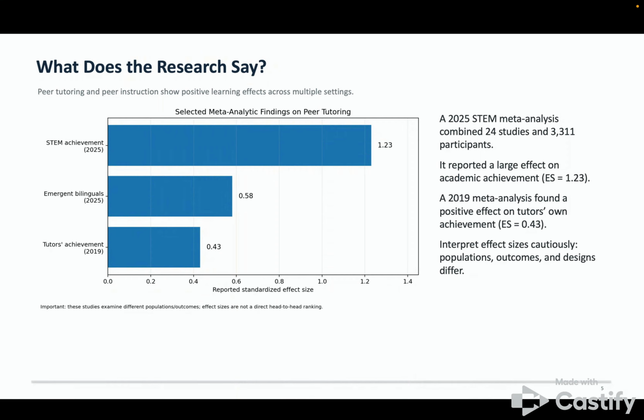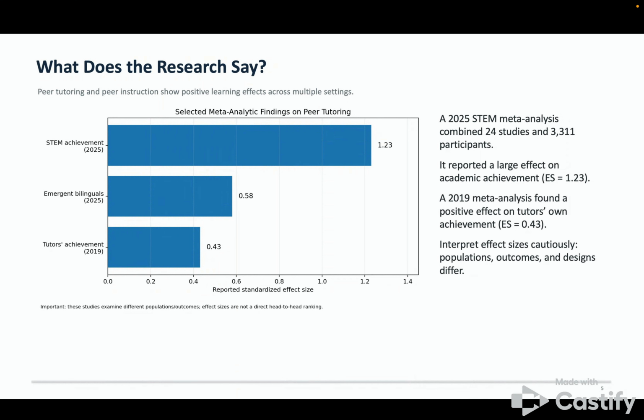Other meta-analyses have found positive effects from peer tutoring and peer instruction as well. One particularly interesting finding is that the student who does the teaching can benefit as well. A 2019 meta-analysis looking specifically at the achievement of tutors found a positive effect. That makes sense when you think about what we just discussed.